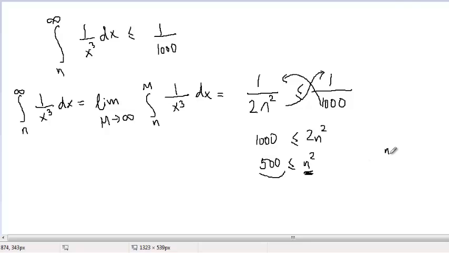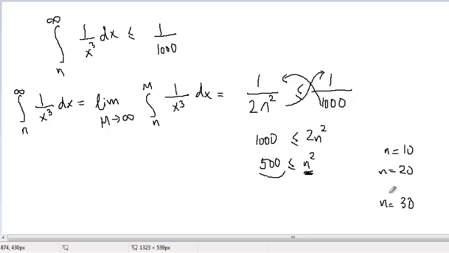So for example, if I choose n equals 10, that will not work, right? Because 10 squared is 100, and 100 is not bigger than 500. What about 20? If I choose n equals 20, then 20 squared will be 400, and 400 is not bigger than 500. What about 30? Then I will get 30 squared, which is 900, and 900 is indeed bigger than 500.